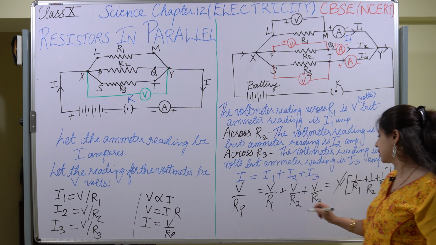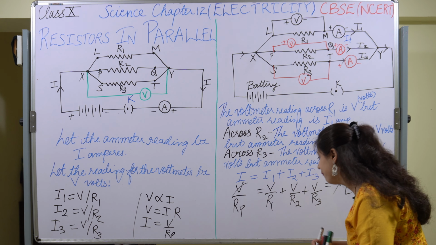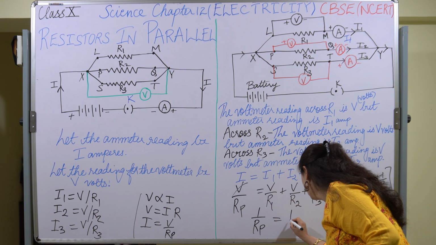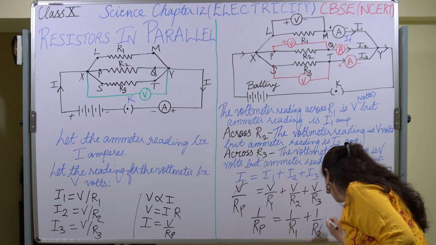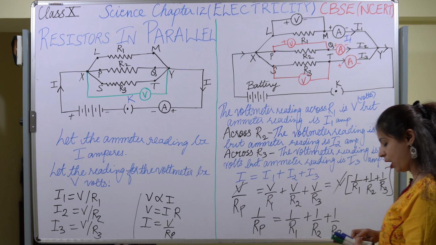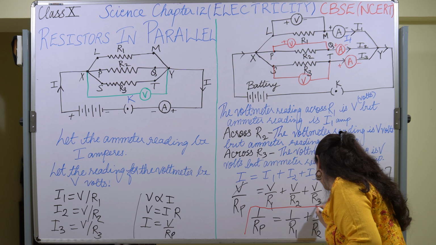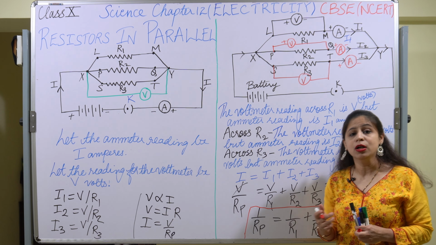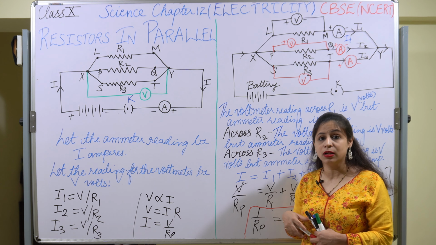V gets cancelled, and ultimately we are left with 1 upon RP is equal to 1 upon R1 plus 1 upon R2 plus 1 upon R3. So this is the formula for the equivalent resistance when the resistors are connected in parallel.